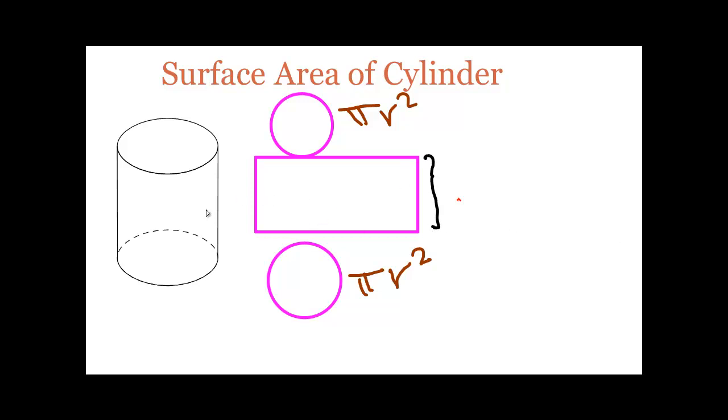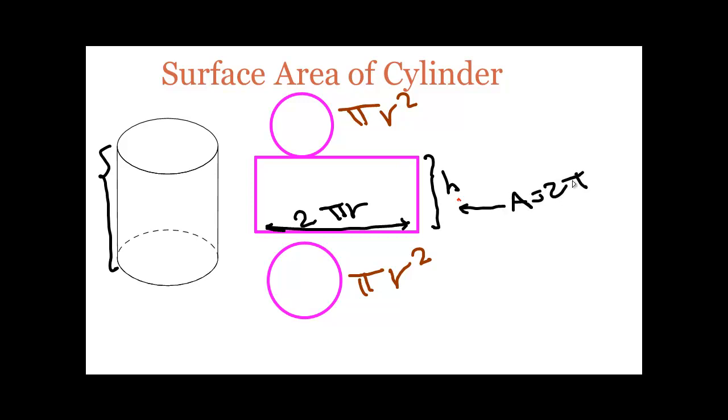The width is represented by the height of the cylinder, which is h, and the length is the same as the circular distance surrounding the cylinder, which is the circumference of the circle, 2 pi r. So we can say that the area of this rectangle equals 2 pi r multiplied by h.